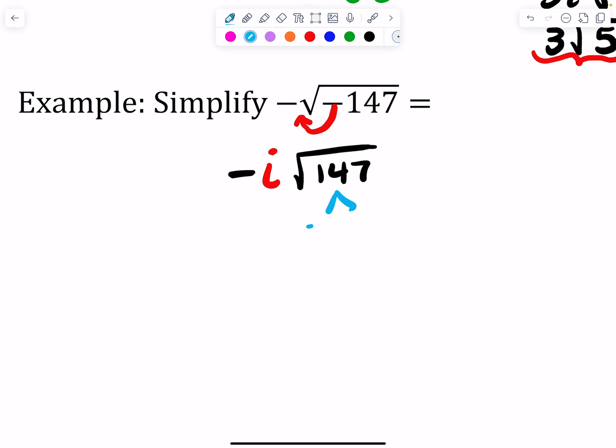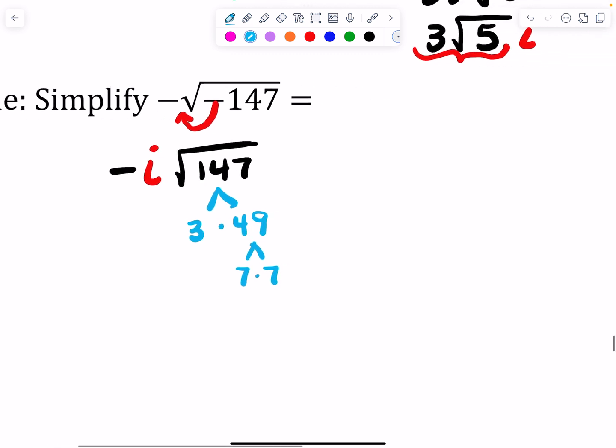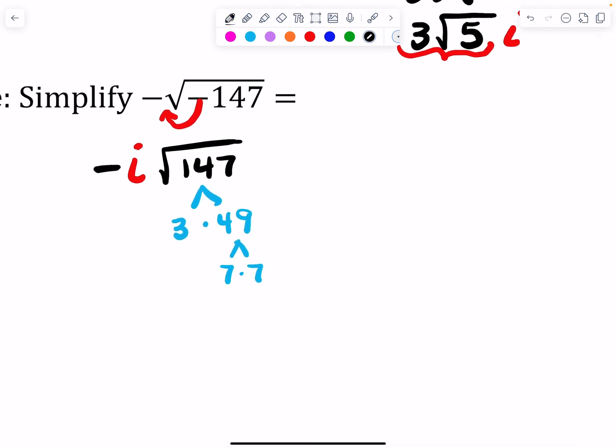147 breaks down to be 3 times 49. 49 breaks down to be 7 times 7. So we end up with negative i square root of 3 times 7 times 7. And again, our index is a 2, so we're looking for groups of 2. So that shows us a 7 can come out. A 3 is going to stay underneath.